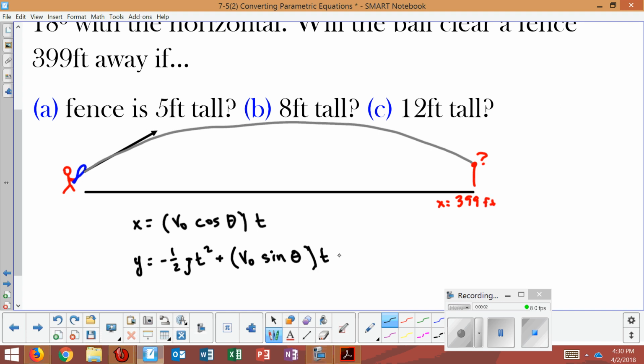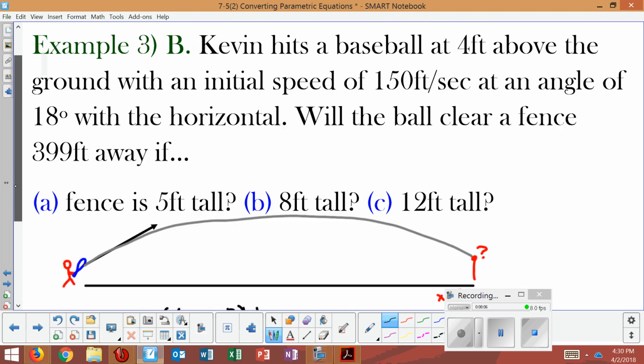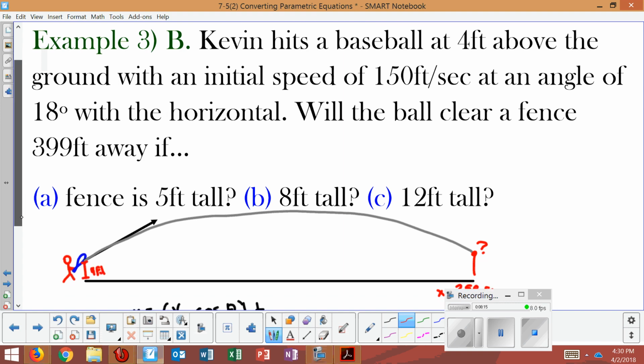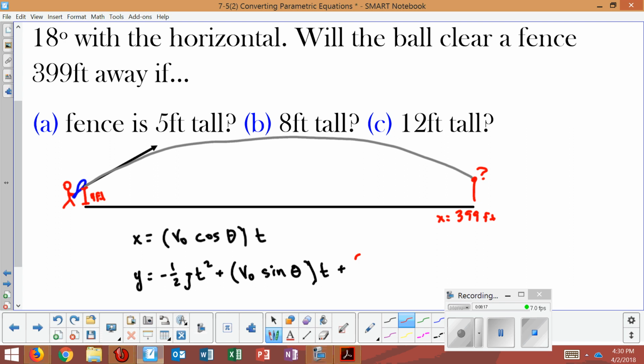Plus y, the initial height. So let's go. First thing it says is he hits the ball 4 feet above the ground. So this here is 4 feet. That goes in right here. That's our initial height, 4 feet.